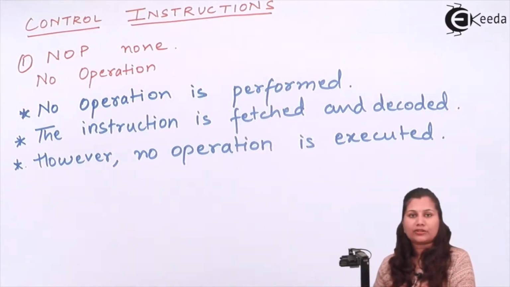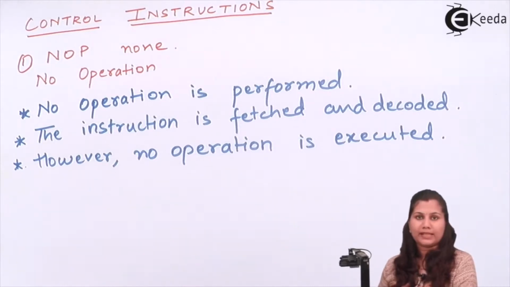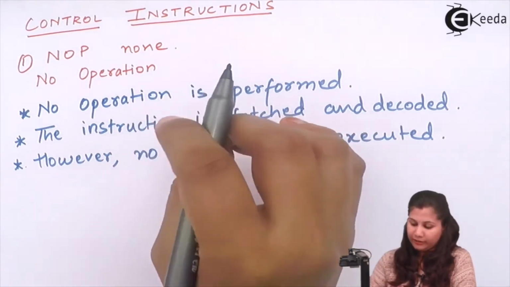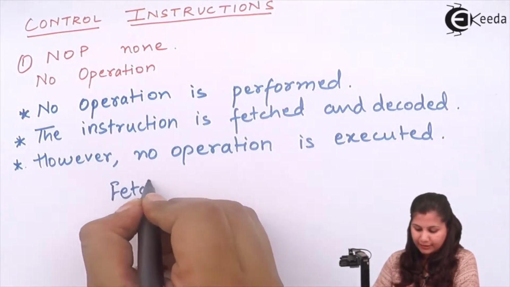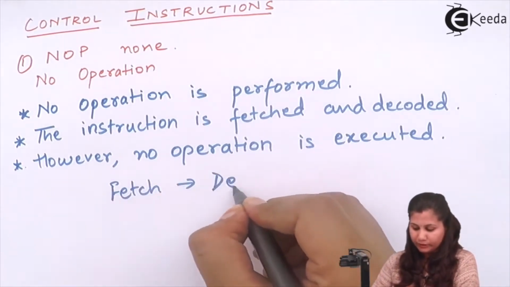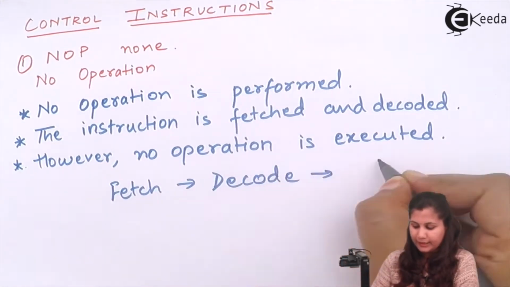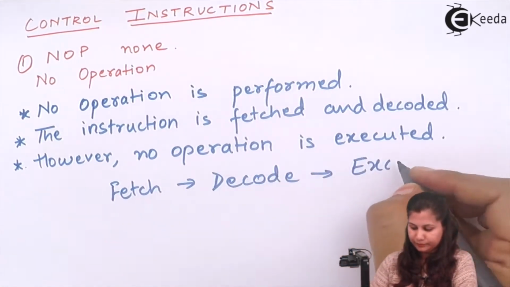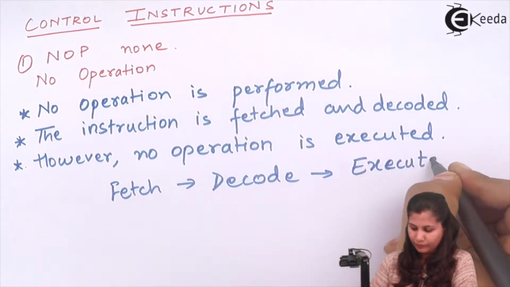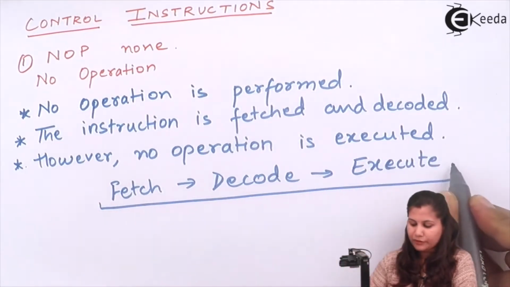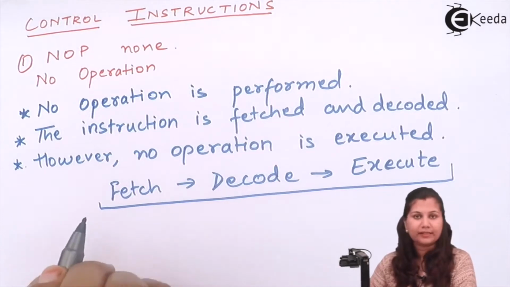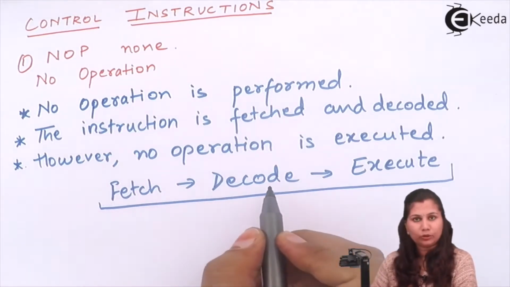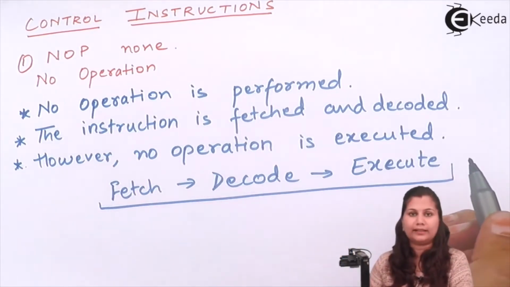Whenever any instruction is written, the first thing the microprocessor does is fetch that instruction, then decode it, and then execute it. So these are the three operations performed by the microprocessor. This is how it works on an instruction: first it fetches the instruction, then decodes it, and then executes it.